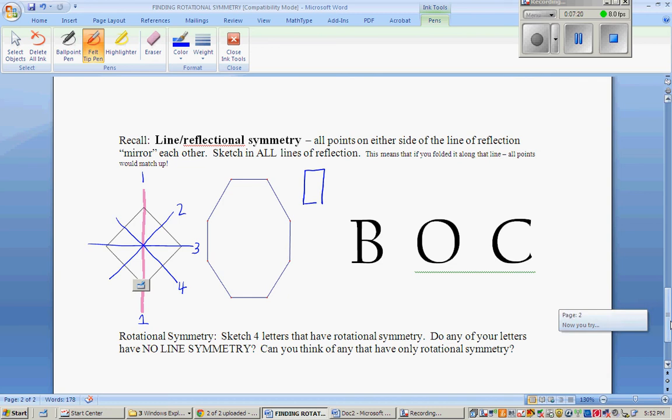And then using what you know about rotational symmetry, I want you to try and find 4 letters that have rotational symmetry. After you find your 4 letters, check out if any of them have no line symmetry. And if they all can be divided up with a line, see if you can think of any letters of the alphabet that only have rotational symmetry.